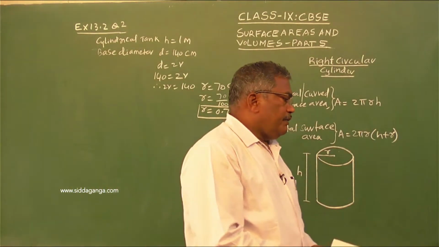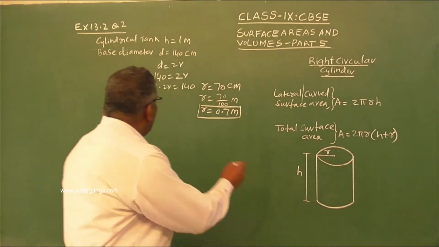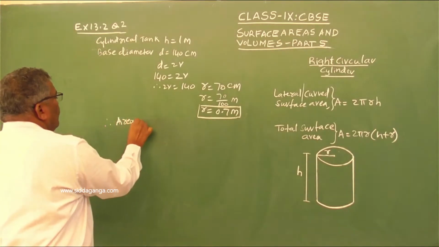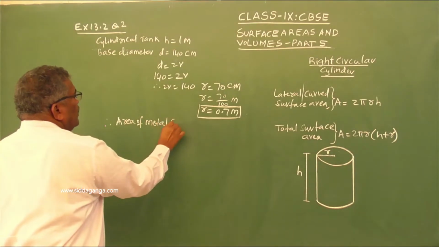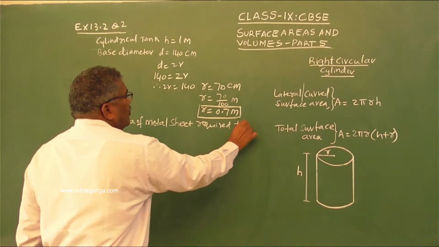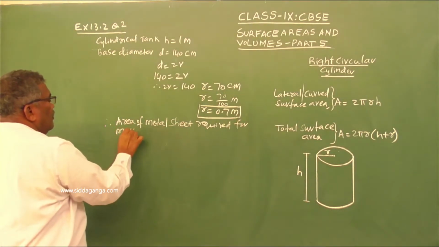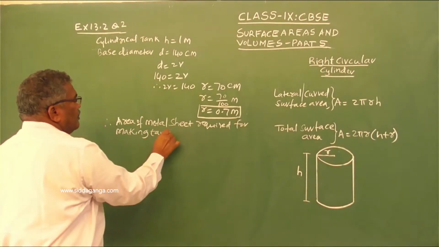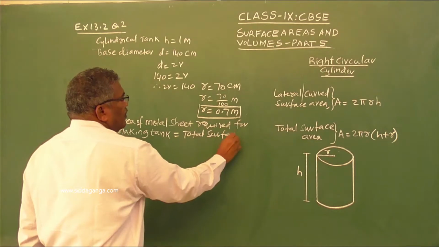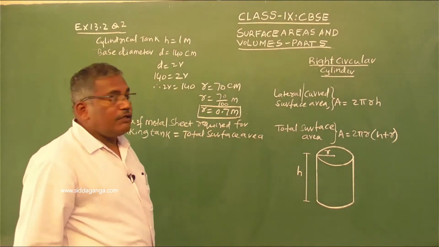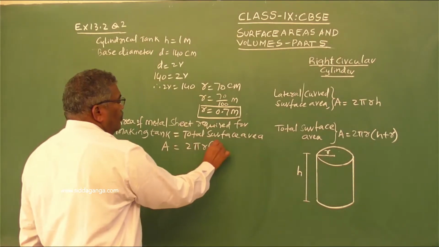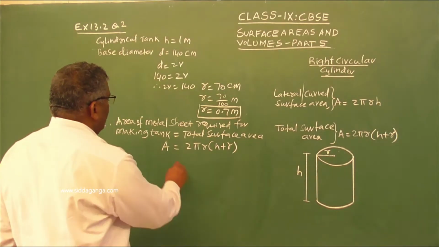Therefore, the area of metal sheet required for making the tank equals the total surface area of a right circular cylinder. So A equals 2 pi r (h plus r).